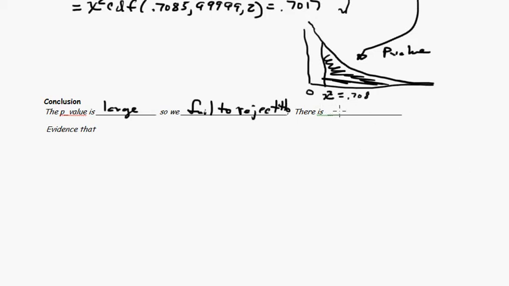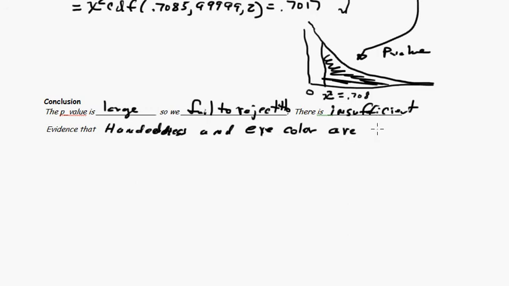There is insufficient evidence that handedness and eye color are associated.